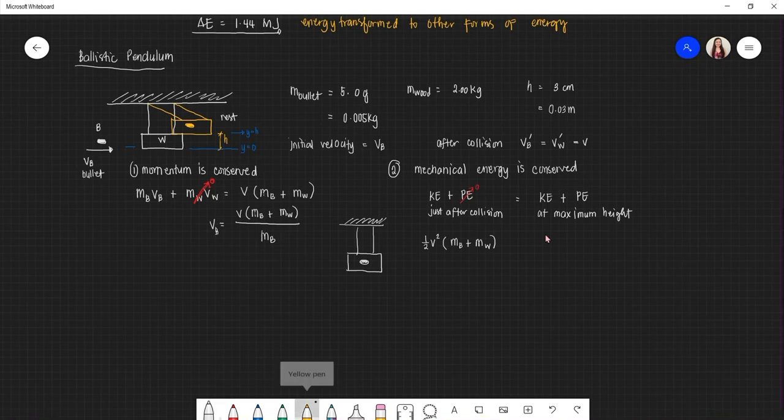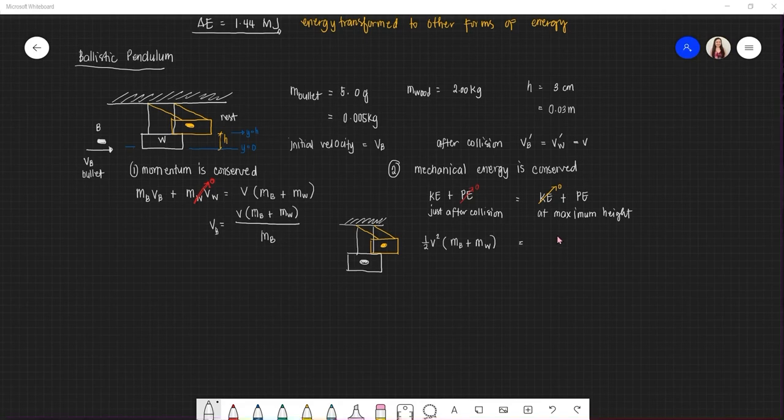So when it reaches the maximum height, the bullet is already embedded in the block of wood. At that point, the kinetic energy is 0, right? And it already has a potential energy, both of them.